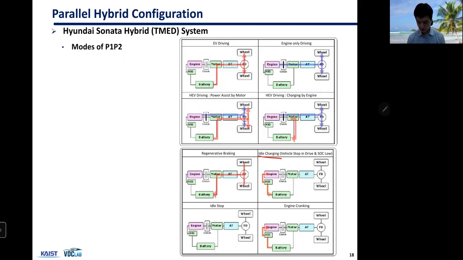Engine cranking, like I said, this was one of the major reasons for having HSG, which is the hybrid starter generator. That's what Hyundai calls it.